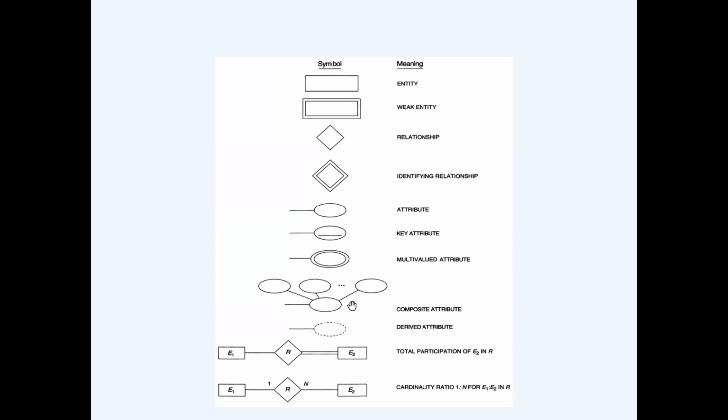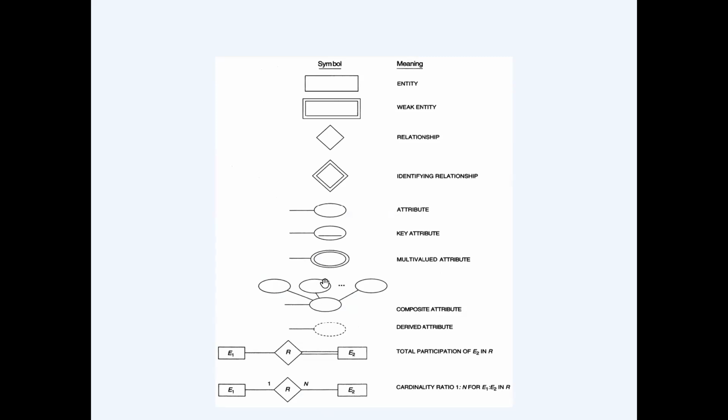Right. So these are the graphical symbols we are using. What we have discussed so far is entities and the attributes. So I think I explained the entity here, which is a regular entity. We call it a rectangle shape like this. And then attributes, if it is a key, you will underline. If you have a multi-valued attribute, what do you mean by multi-valued? If you can have more than one value, right?